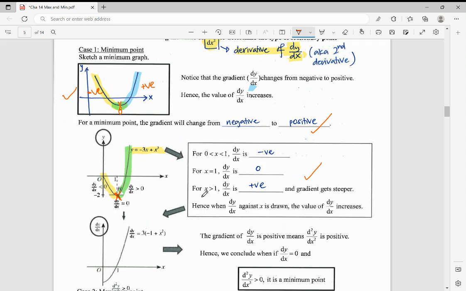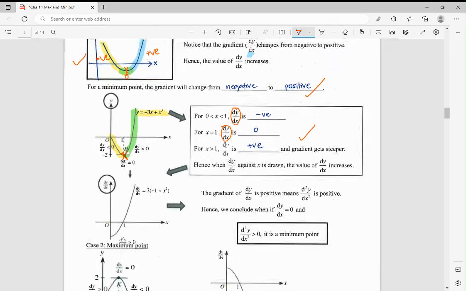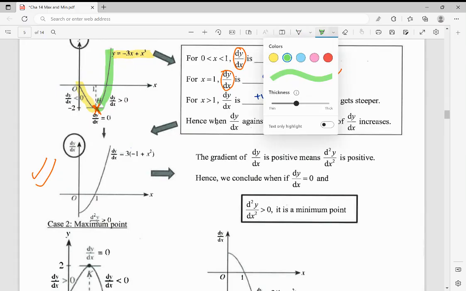Now if I redraw this gradient info, the value of dy/dx, you will notice that the value changes from negative. This part of the graph is negative.